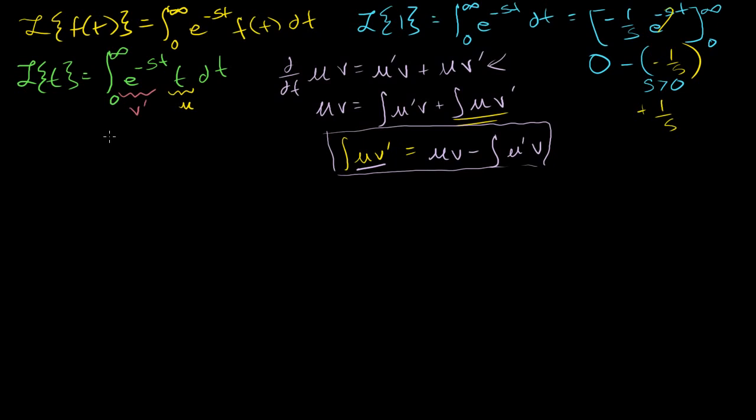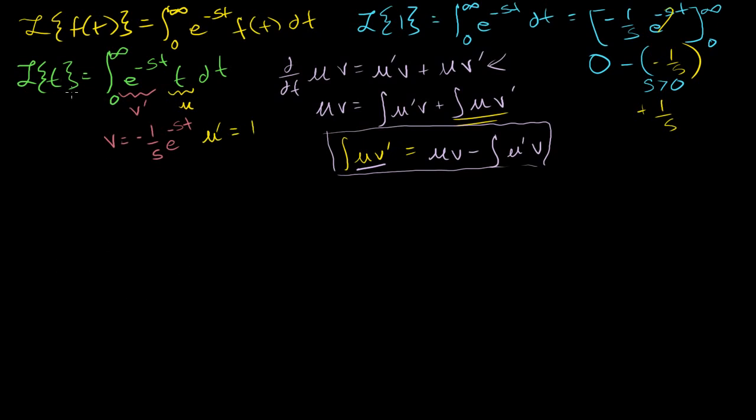If that's the case, then what is v? Well, v is just the antiderivative of that. In fact, we've done it before. It's minus 1 over s e to the minus st. That's v. And then u prime is just the derivative of t. That's just equal to 1.